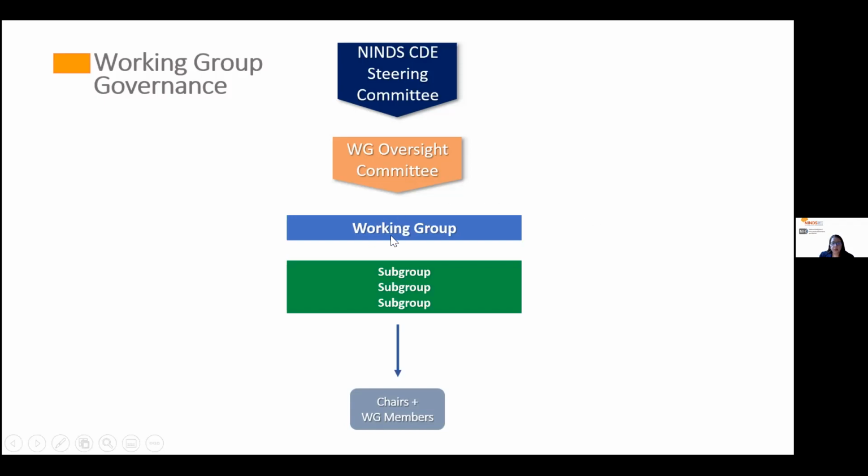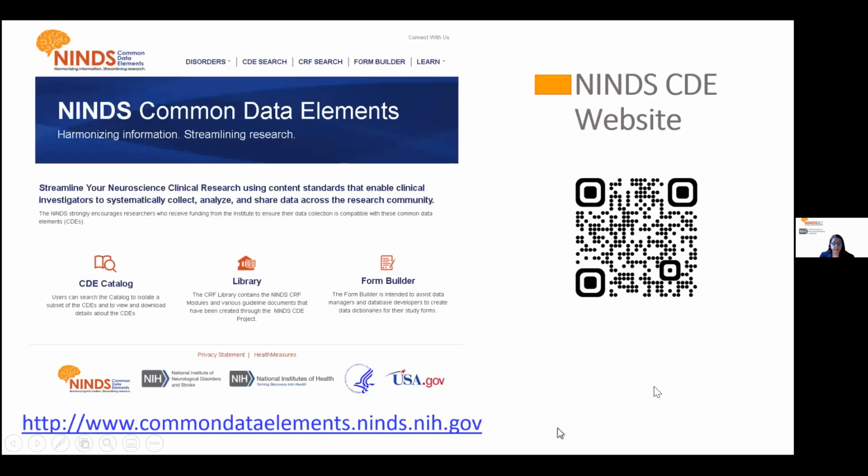Under that working group are the subgroups, like biomarkers, patient-reported outcomes, etc. Every subgroup has a chair, and every subgroup is comprised of a chair, or more than one chair, and the working group members. So this is our website. There's a QR code here, and Courtney will share the slides after the presentation.